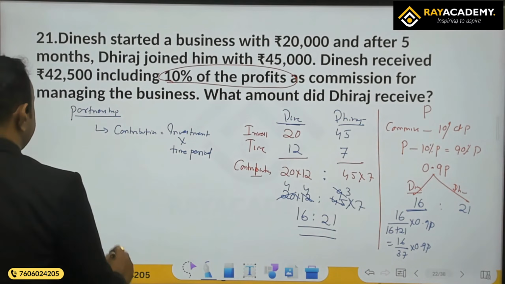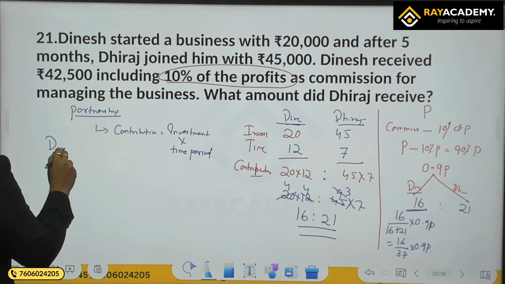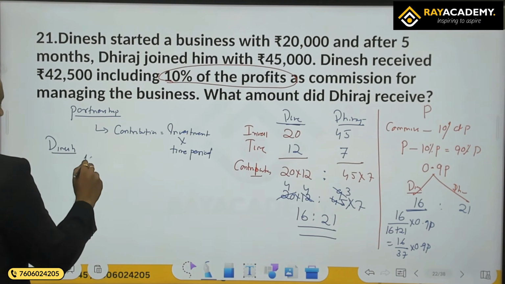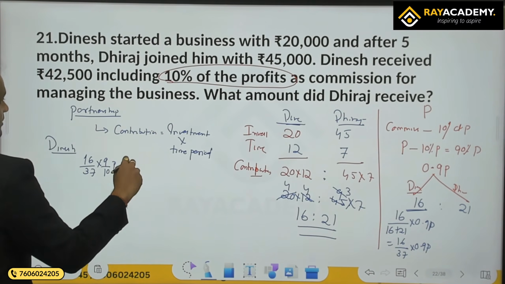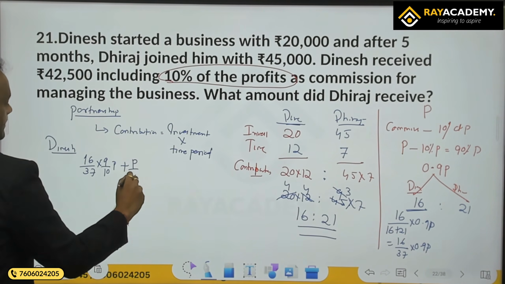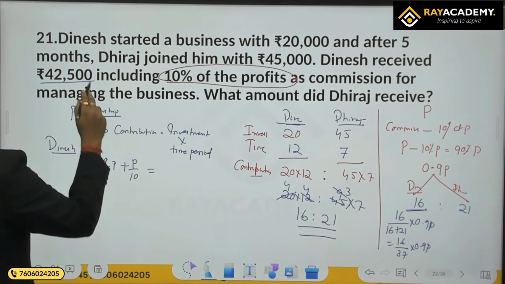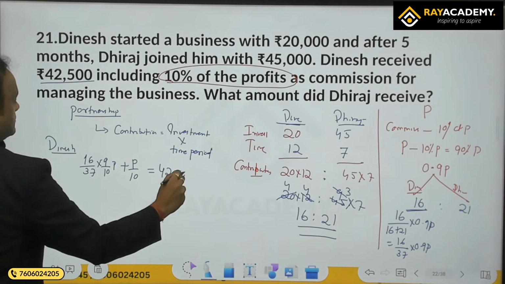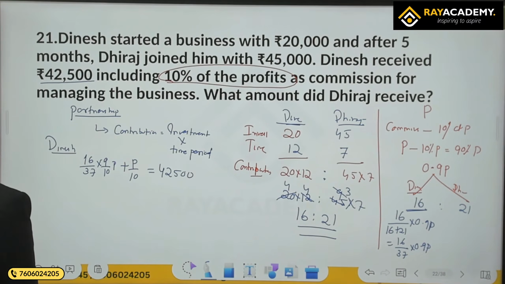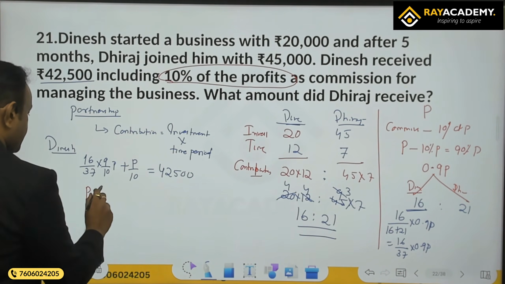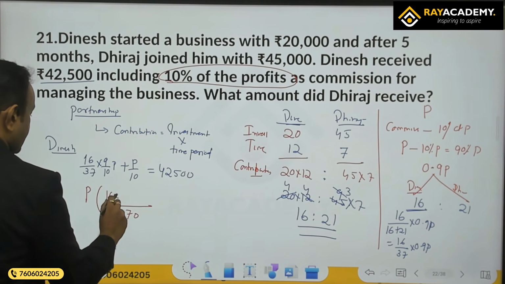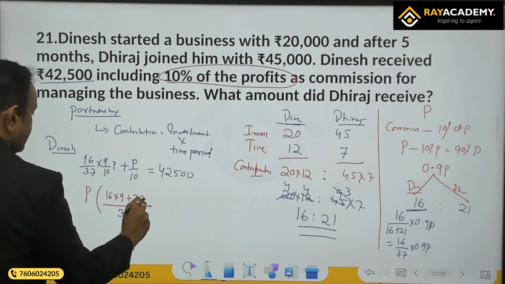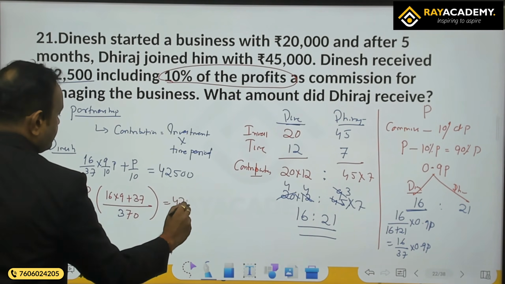So Dinesh got 16 by 37 into 0.9, that is 9 by 10 P, plus the commission P by 10. This is equal to 42,500. Taking P common as 370, it will be P into 16 into 9 plus 37, equal to 42500.